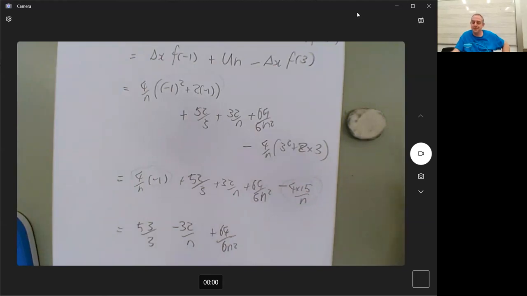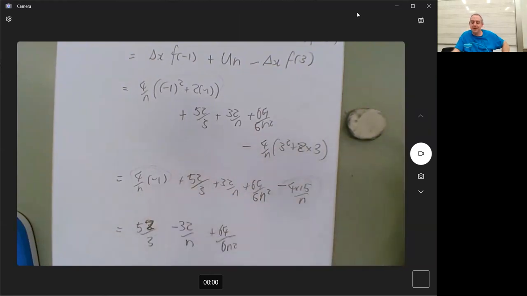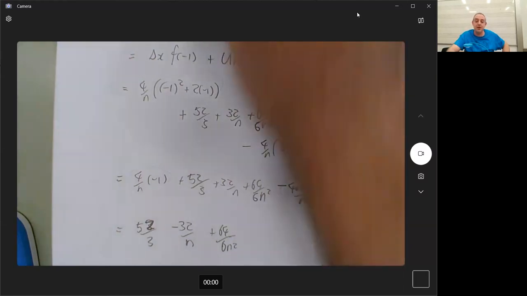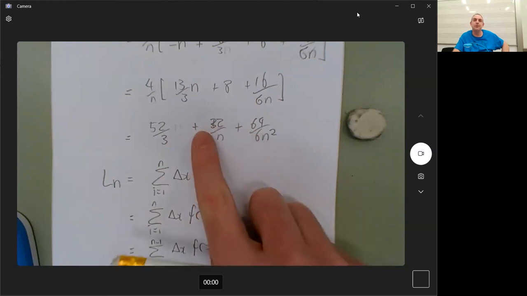It did change this to a minus. Not that one, just this one.